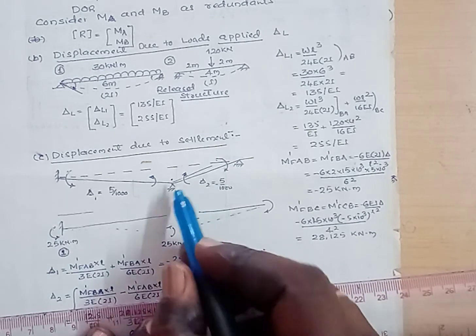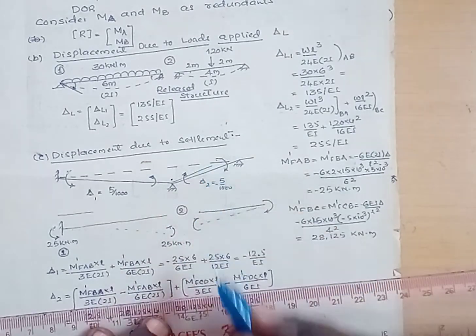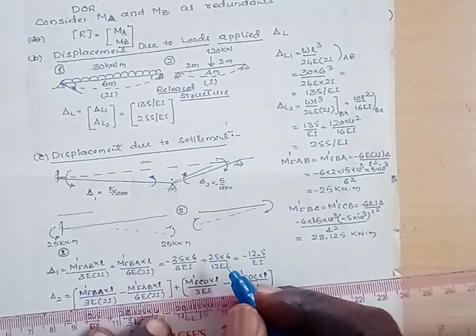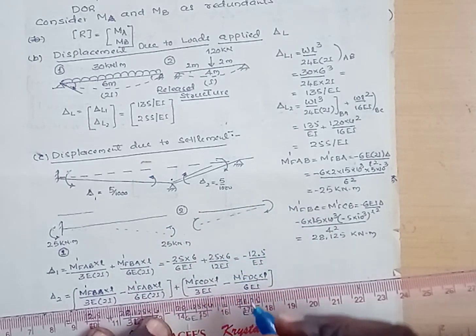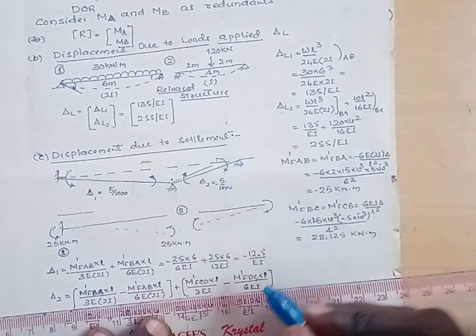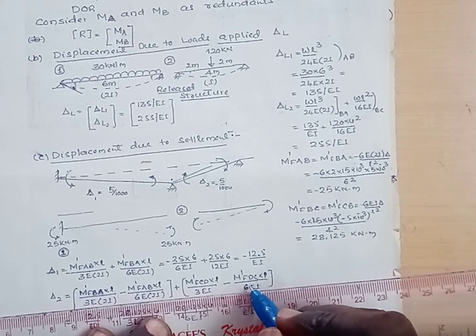Similarly, in span BC, due to the sagging moment, M dash f bc into L divided by 3EI, and due to the hogging moment, M dash f cb into L divided by 6EI.